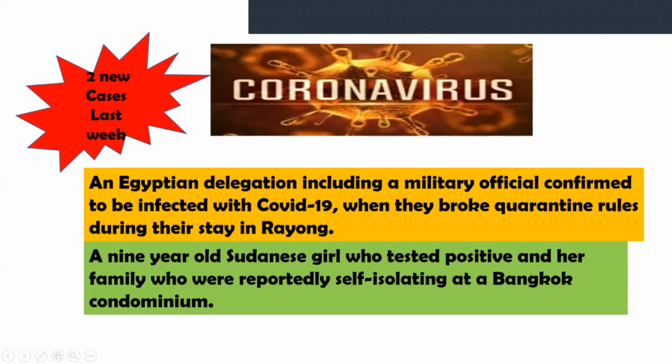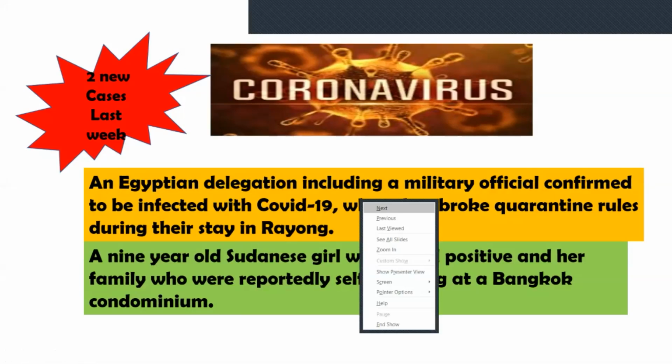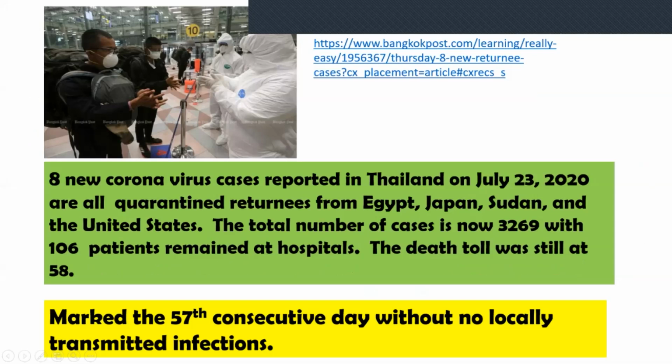The other is a Sudanese girl who tested positive, and her family, who were reported isolating at a Bangkok condominium. These are the 8 new coronavirus cases reported yesterday morning.